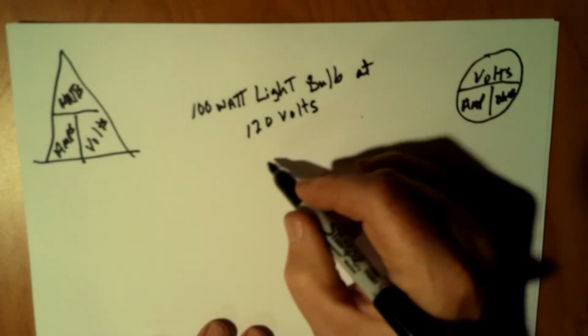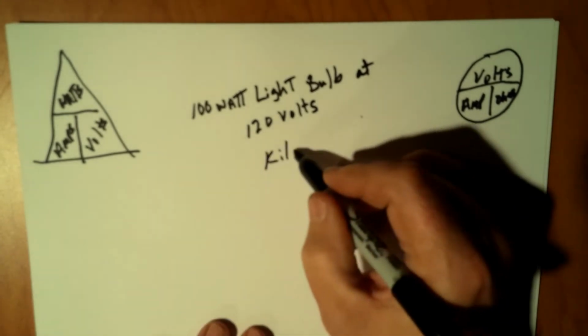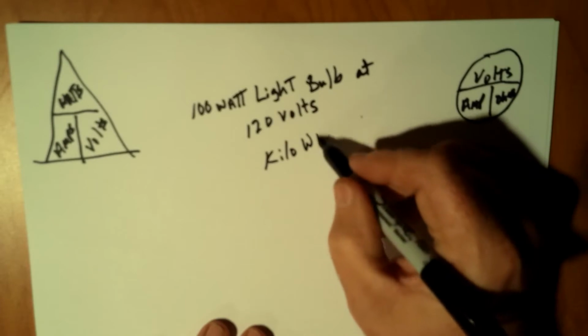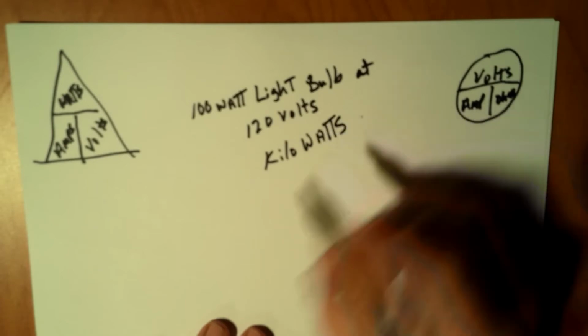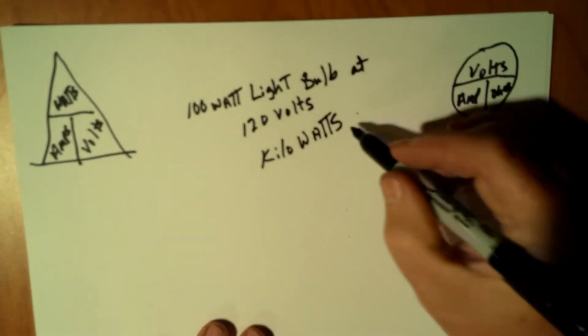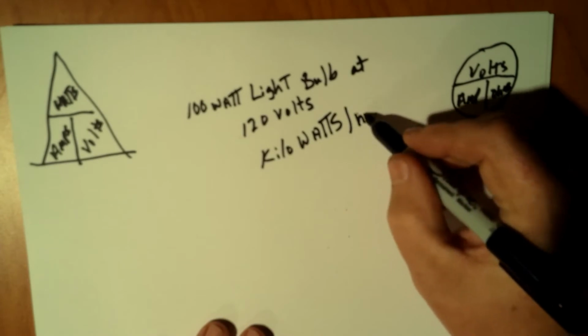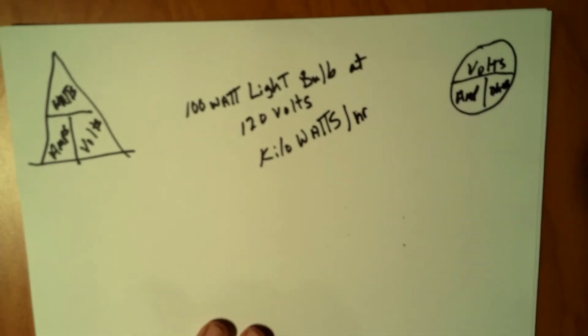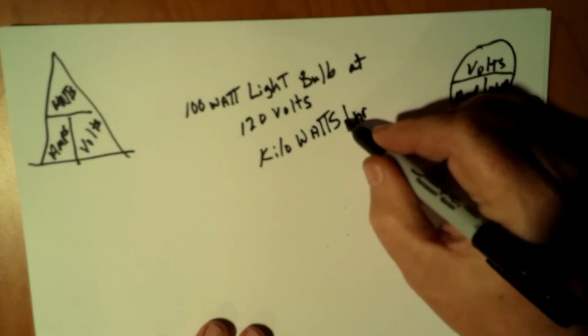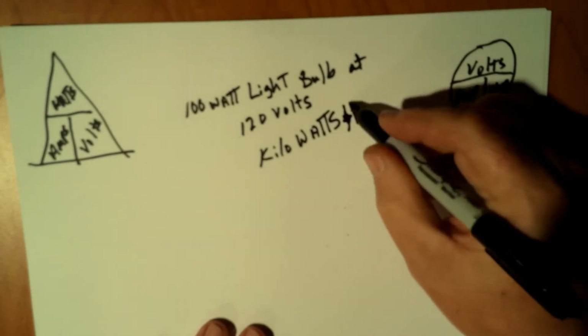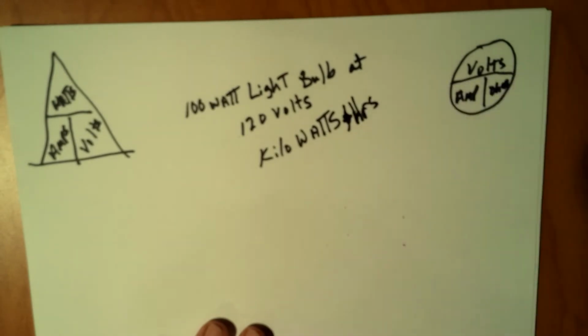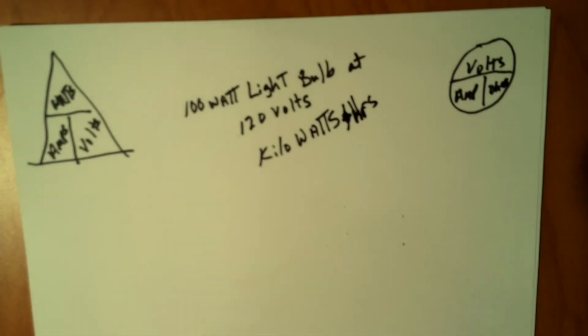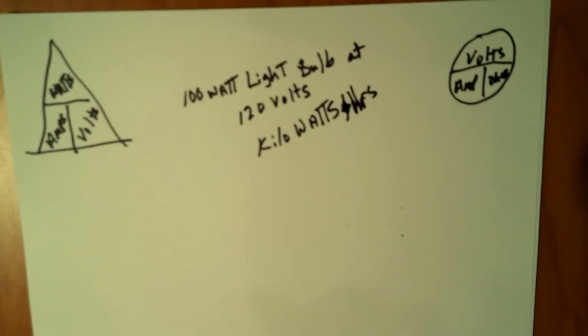First off, electric companies charge by kilowatts per hour, or what we call kilowatt hours. That's the way the power company works it.